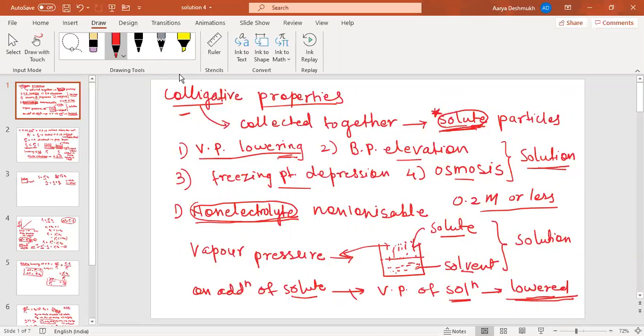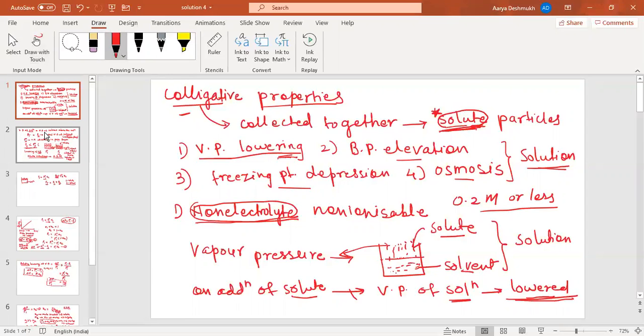When a non-electrolyte solute is added, there is a lowering of the vapor pressure of the solution. Therefore the vapor pressure of the solution is equal to the vapor pressure of the solvent above the solution here.